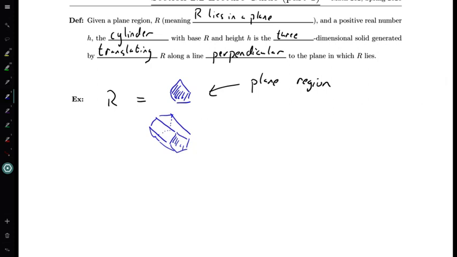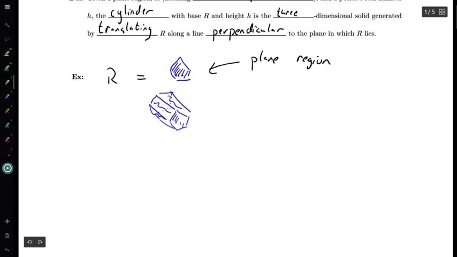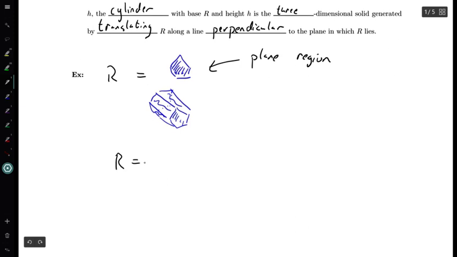So the solid that I get here is called a cylinder, which you'll notice is a little bit different than how we're used to using the word cylinder. However, if we started with the plane region R equal to a circle, then what we would get by translating this circle out of the page is the thing that we're used to calling a cylinder, namely a cylinder with a circular base.